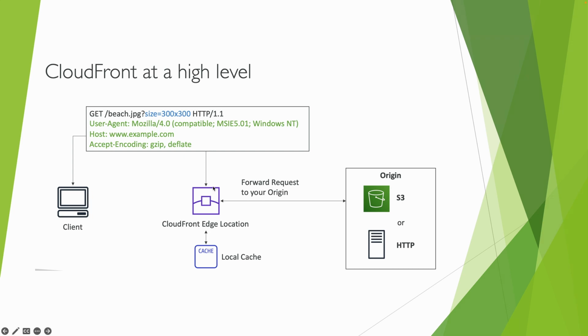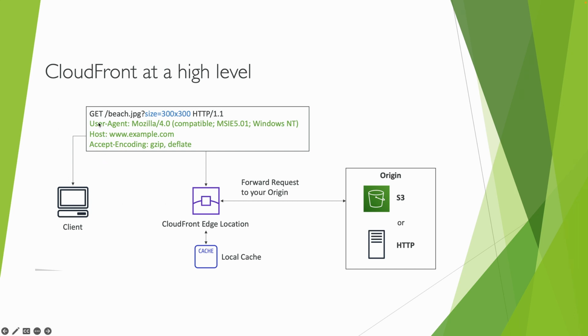If it is not available, CloudFront will connect to the S3 bucket or the HTTP endpoint. These are the origins from where we are getting the data, and it will pull the data from those origins and serve the client with the response.